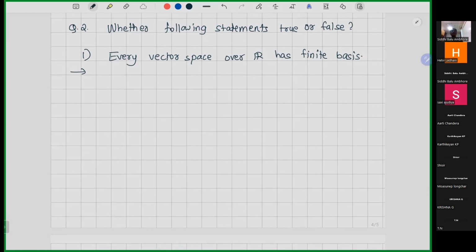Can you think of a vector space over R which has an infinite basis, or cardinality of basis is infinite?